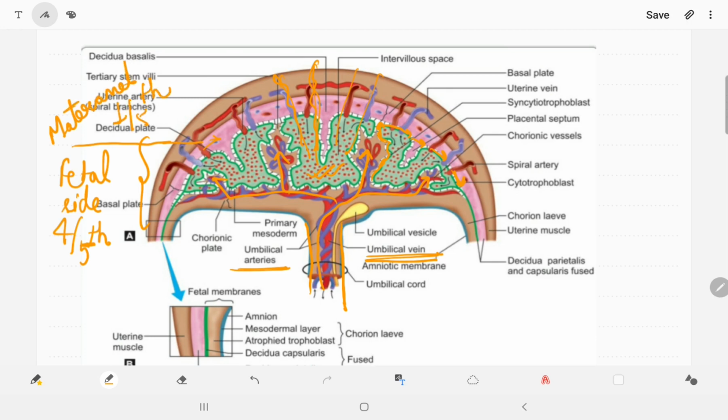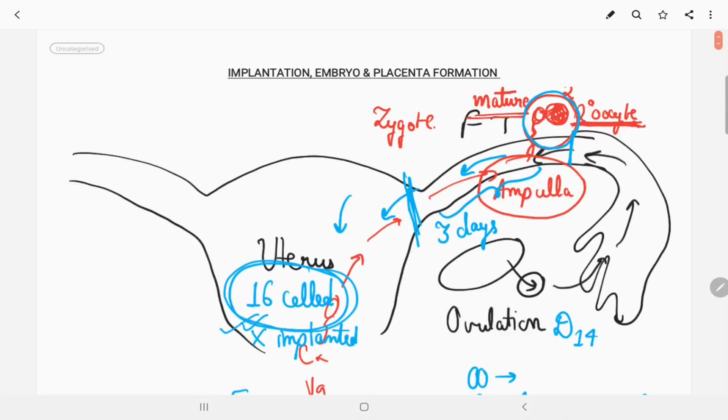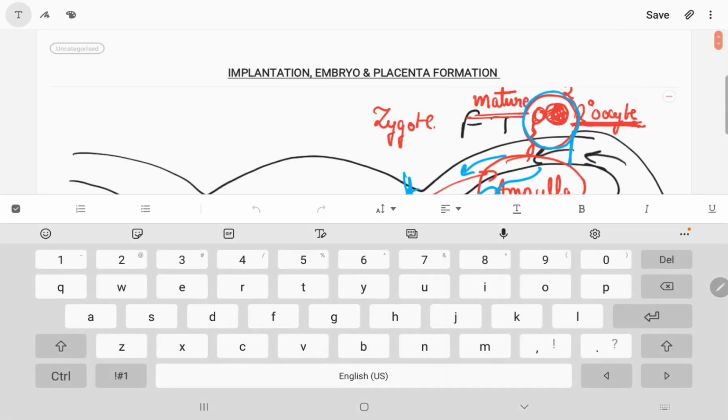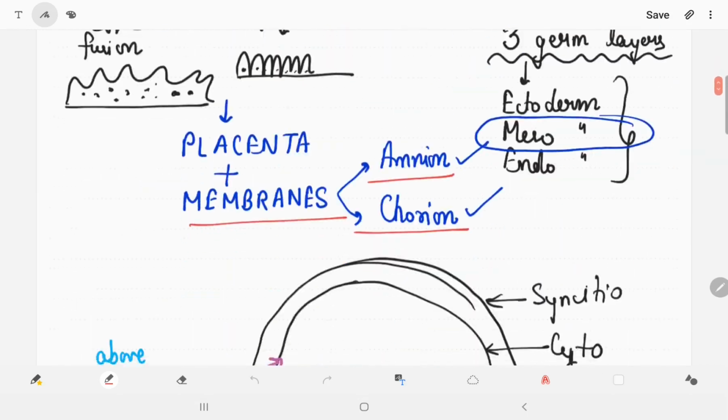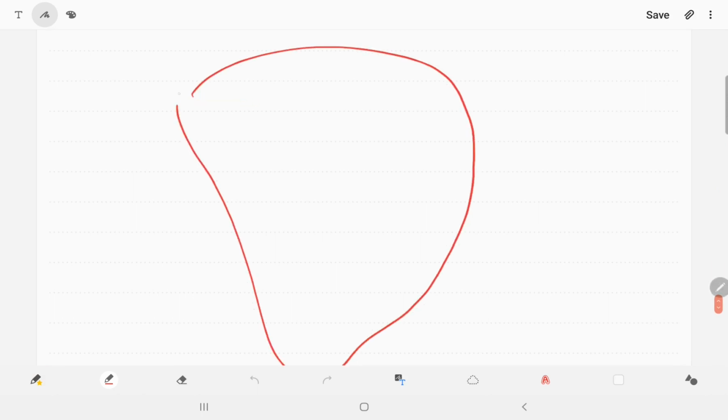So let's see what we have read. What I told you till now is, if this is my uterine cavity, I have formed the baby. I have attached the baby with the ventral surface by means of the umbilical cord to the placenta, right?